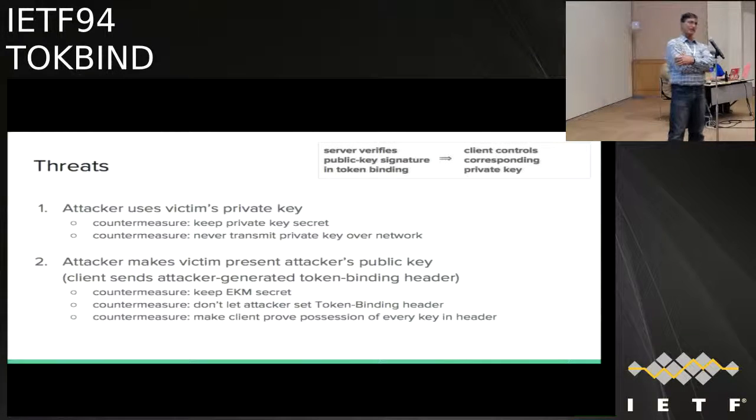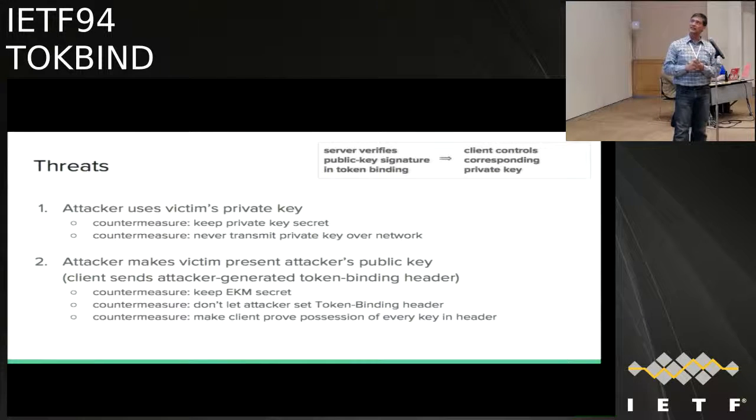And finally, the third countermeasure is for the protocol to work. We want to make sure whenever the token binding header is presented to a server, it always verifies that the client can prove possession of every key that's in that header. The idea here is we do not want, for example, a network man in the middle to be able to tack on things into the header that point at keys that are in control of that attacker.